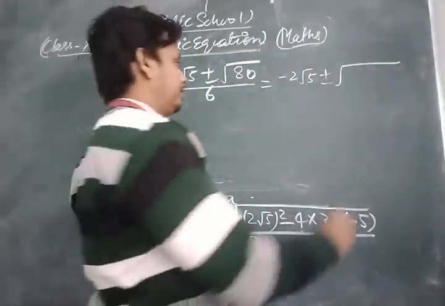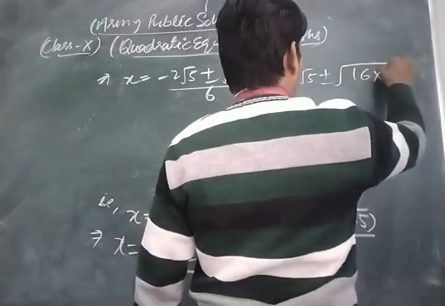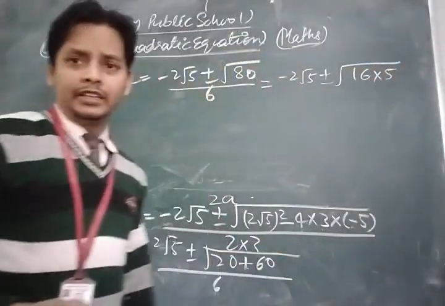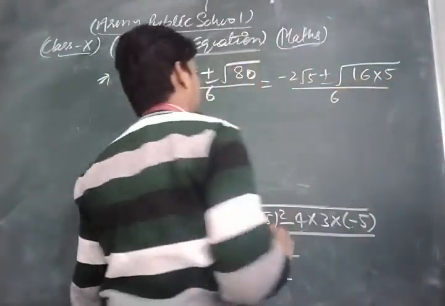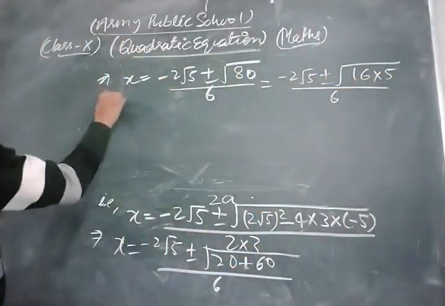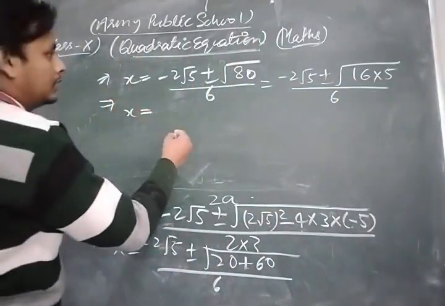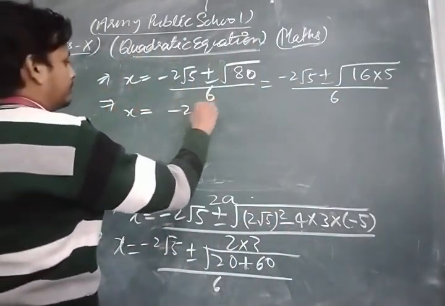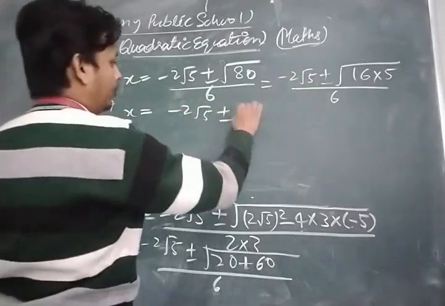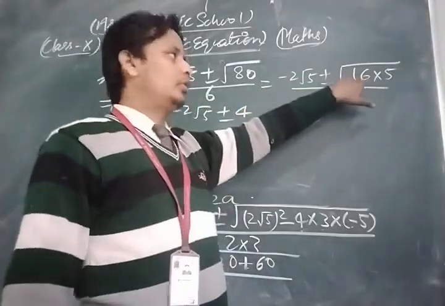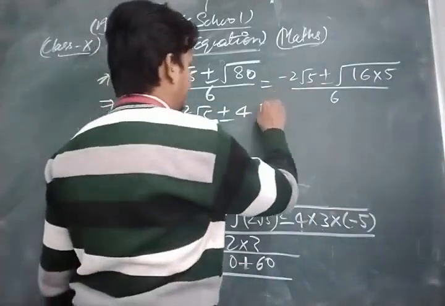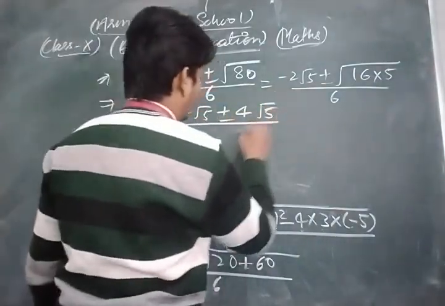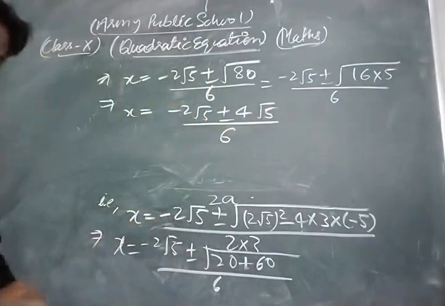We can write 80 as 16 into 5, because 16 times 5 is 80, upon 6. Now we take 4 out, because the square root of 16 is 4, and 4 root 5 is left here upon 6. Now, look.